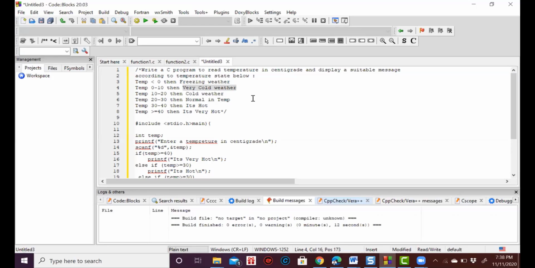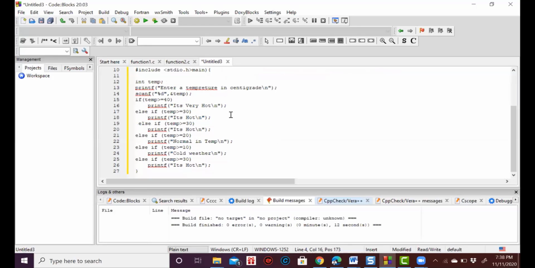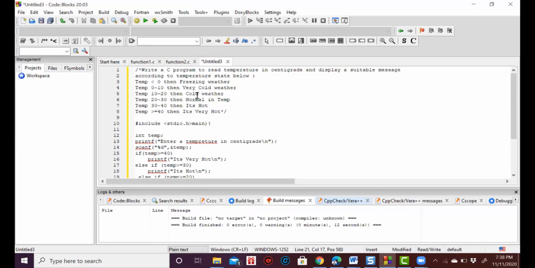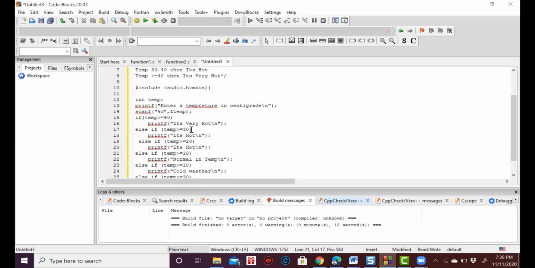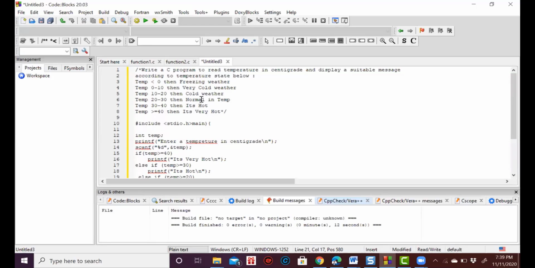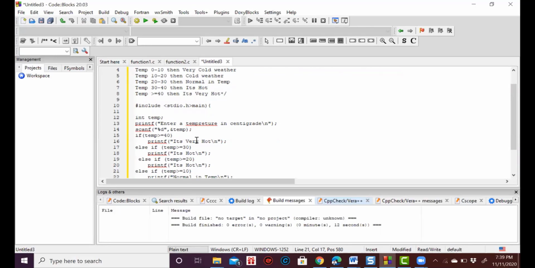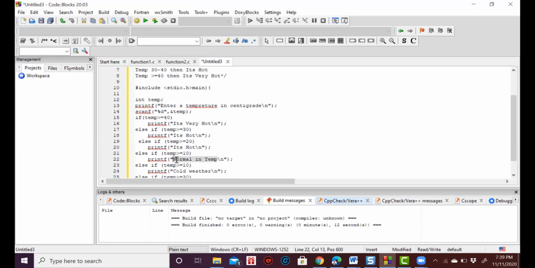Greater than 0. Hot, very hot, hot. Oh, this one is normal here.